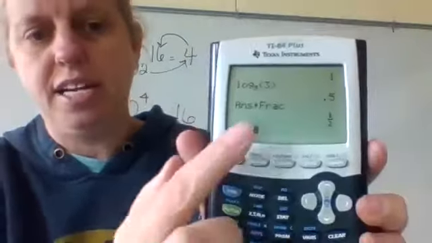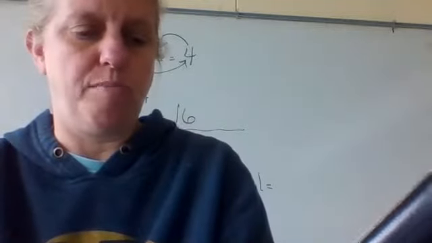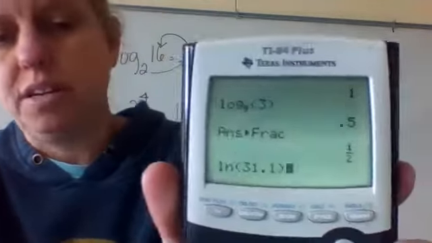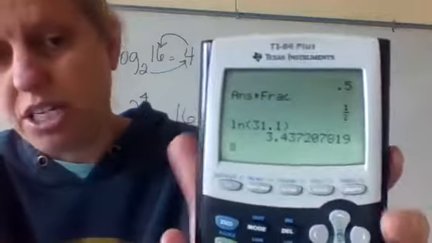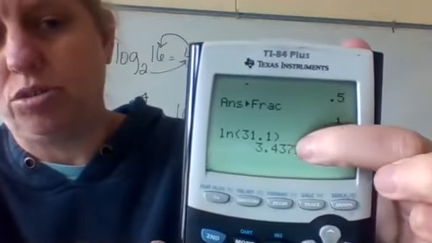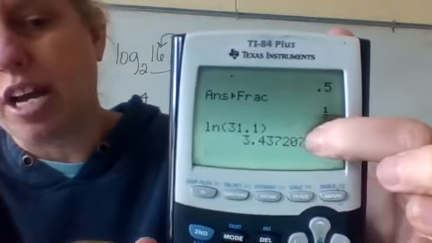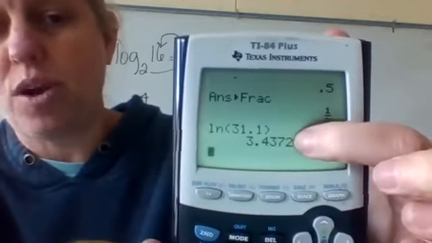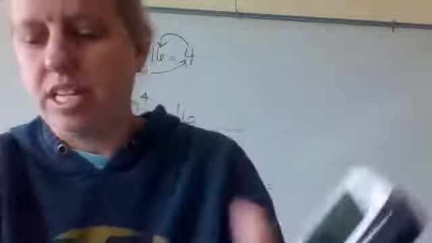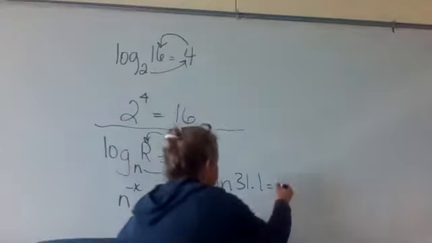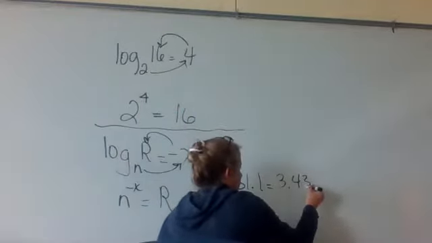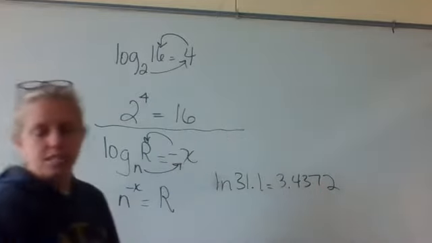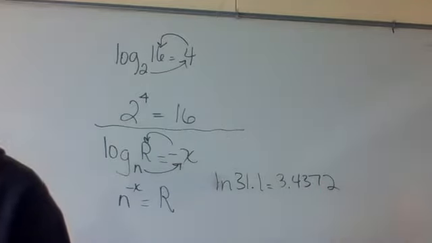Just hit ln, and then in parentheses do 31.1, close, enter, round it to 4 spots. So 1, 2, 3, 4. After that 2 is a 0, so you don't need to round up. So 3.4372. Okay, so just be careful on your rounding if you have to round.